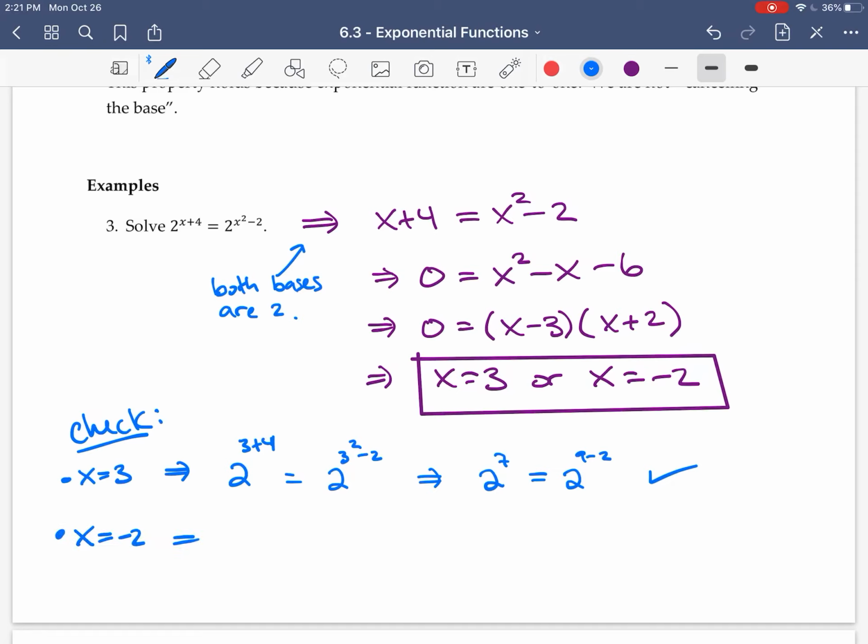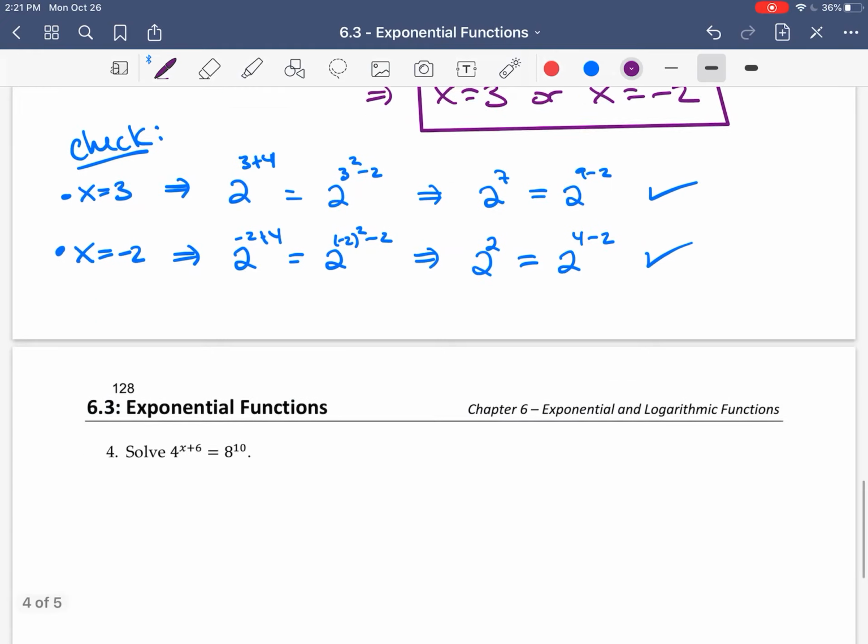And if I do negative 2, then it's 2 to the negative 2 plus 4 is equal to 2 to the negative 2 squared minus 2. So that's 2 to the 2. And this over here on the right hand side is 2 to the 4 minus 2, which is obviously the same. Okay, 2 to the 2. So those are the only two x values where that equation is true.